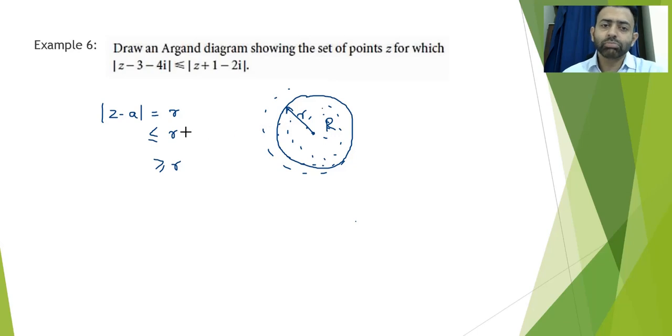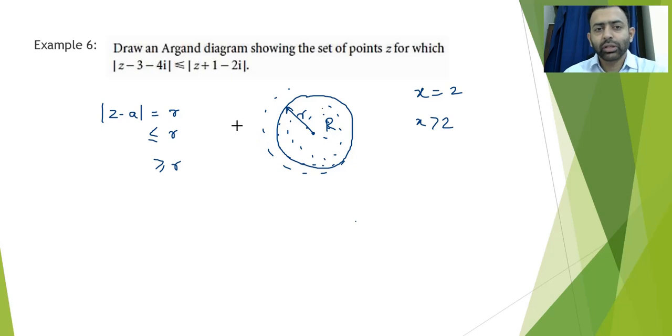As with simple real numbers, if I say x is equal to 2, this gives you a particular solution. But if I say x is greater than 2, you get a range of values. Similarly, in a complex inequality, less than or equal to r gives you a set of points lying inside this region R.